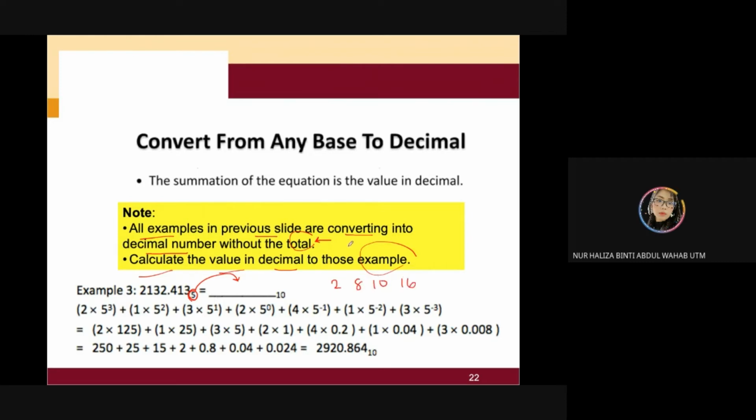But in terms of your test and final exam, sometimes it's going to give you a different base of numbering, because they just want to know your understanding of how to convert from any base to decimal. And sometimes you are given the decimal, you need to convert to another base, referring to whatever base they give.